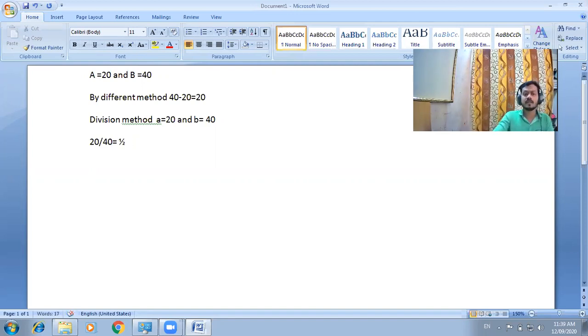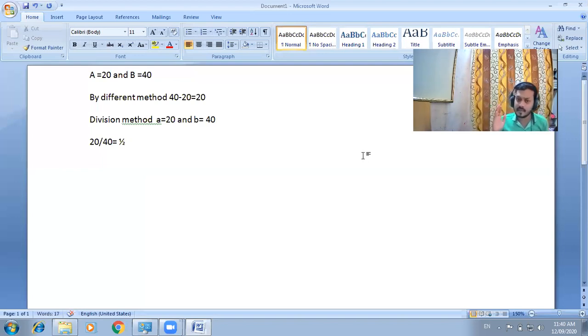But what is the meaning of this 1 by 2? It means that the score of person A is half the score of person B. So it is our division method.